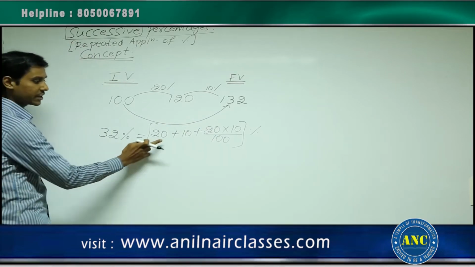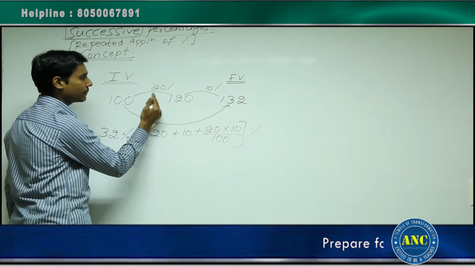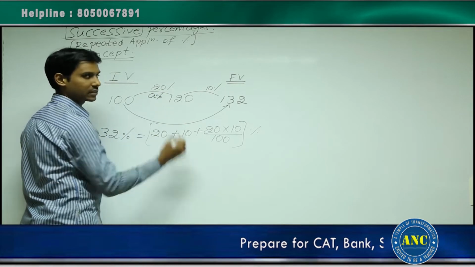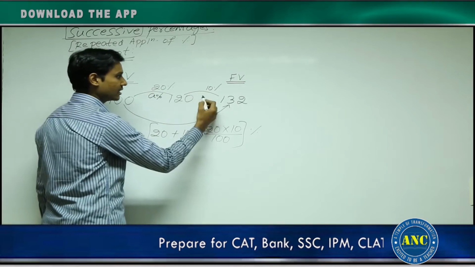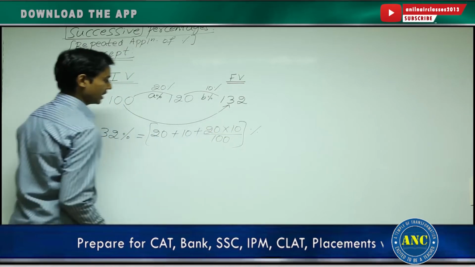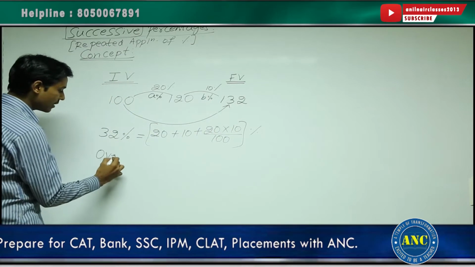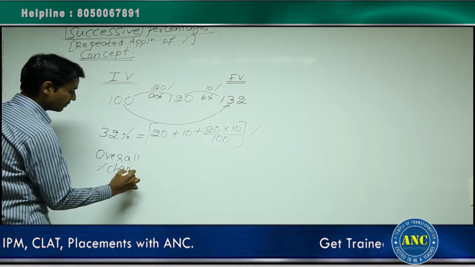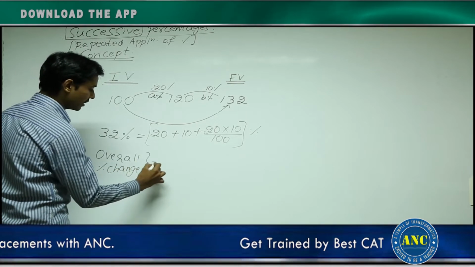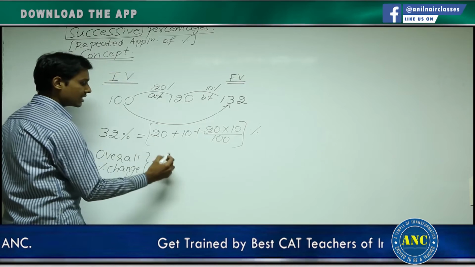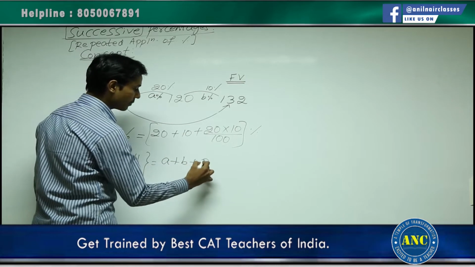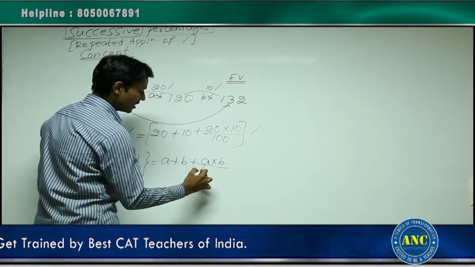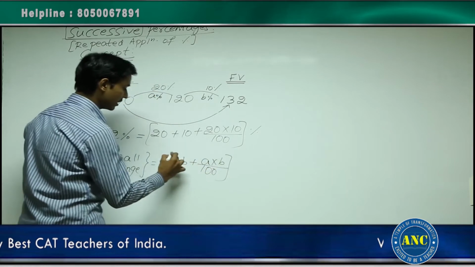That means instead of 20 percentage, if I call it A percentage, and instead of 10 percentage, if I call it B percentage, what is 32 percentage? 32 percentage is nothing but the overall percentage change. This can be written as 20 is A, 10 is B, A plus B plus A into B divided by 100%.